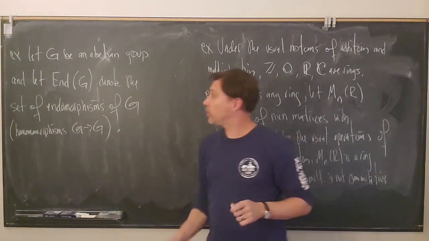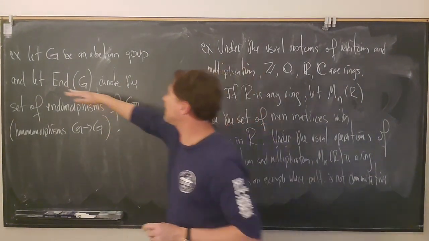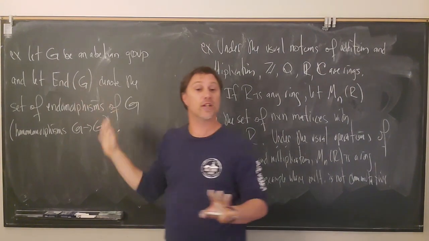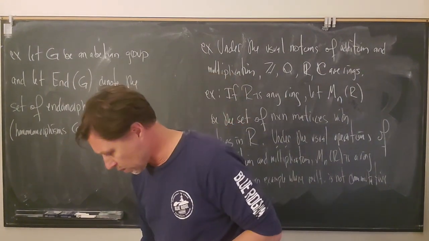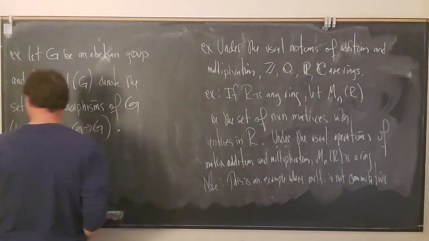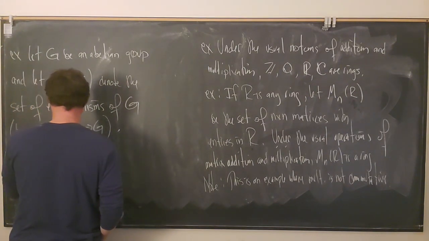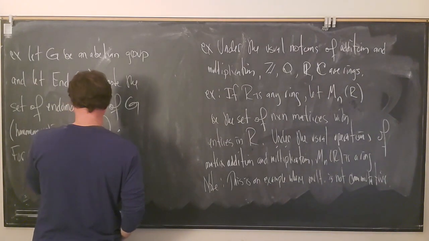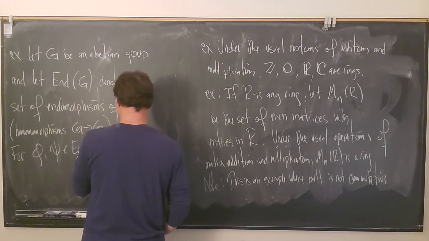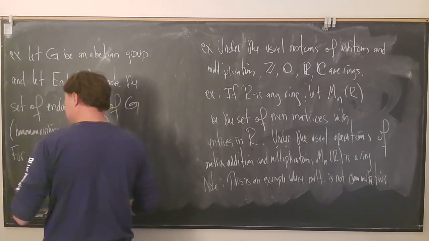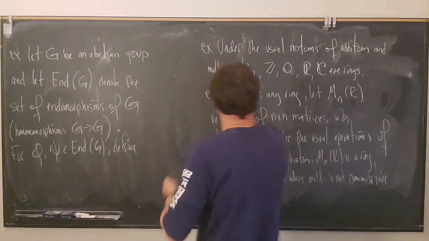Now we're going to put some operations on this set of endomorphisms that actually turn it into a ring. So for phi and psi in End G, I need to define addition and multiplication.